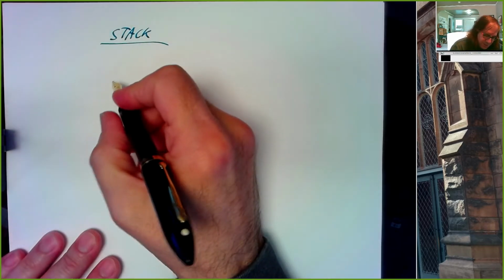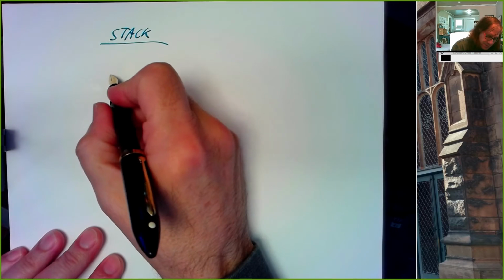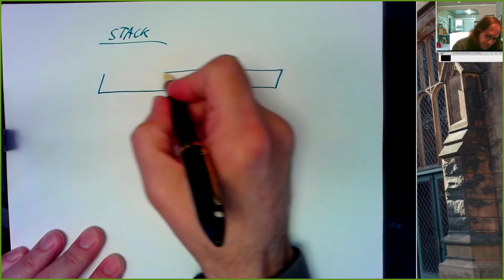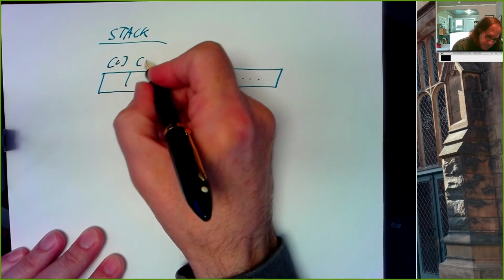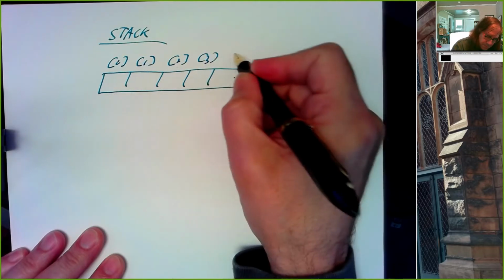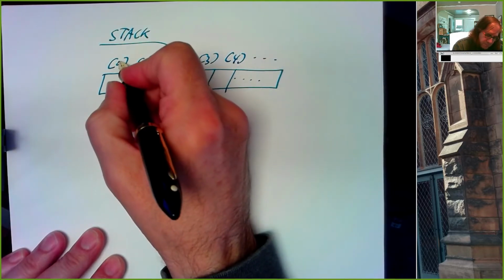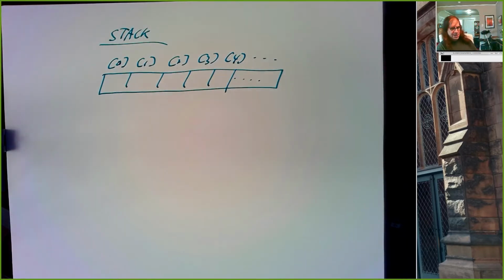So what might this look like? Let's go ahead and make an array. And what are the two main operations we do with a stack? Push and pop, perfect.